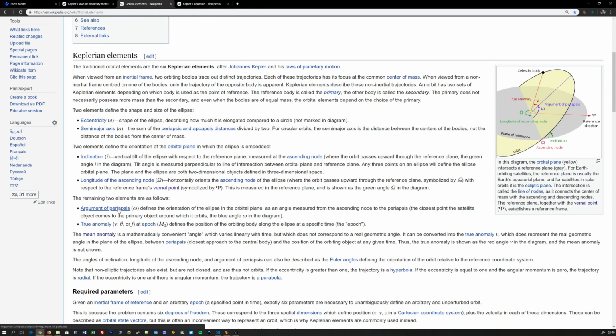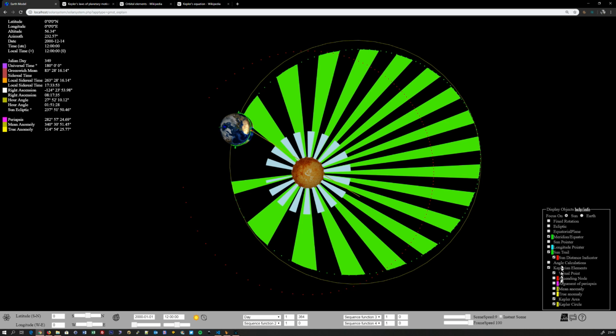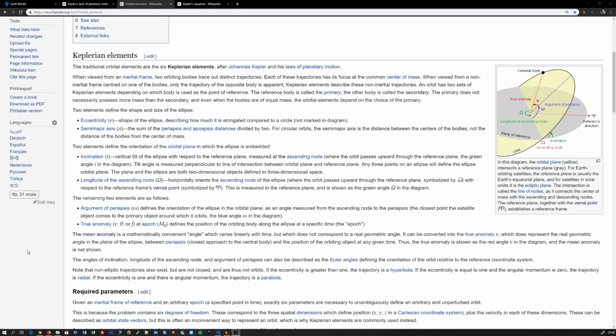And the argument of periapsis. Actually, that's the position. And let me see if I can show you the argument of the periapsis. There's this one line where the Earth is closest to the Sun. And finally, the true anomaly, or the angle.